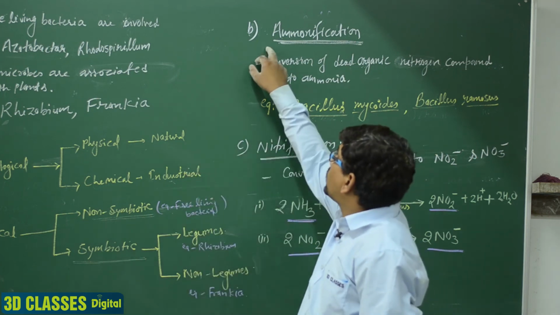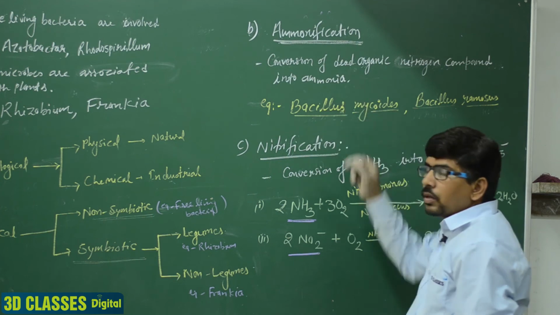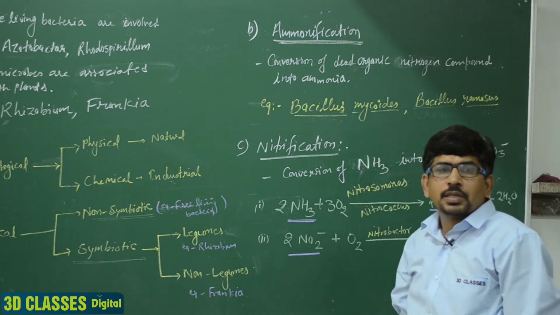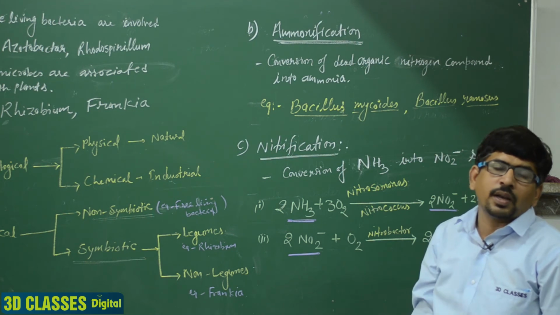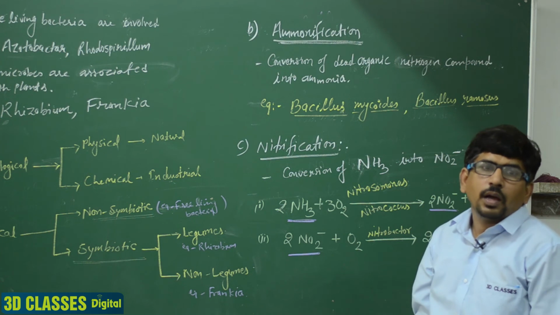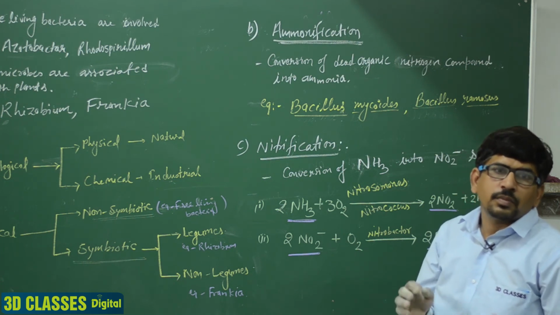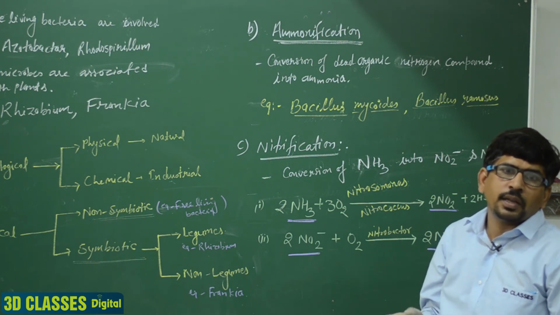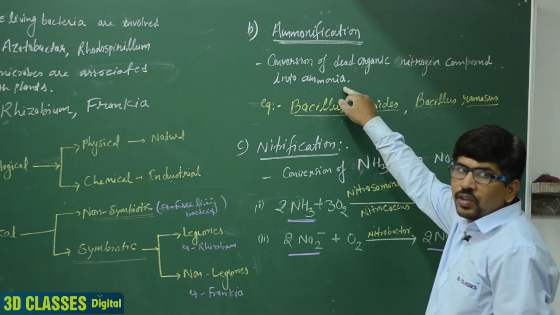So we can say ammonification is the conversion of dead organic nitrogen compounds into ammonia. Ammonification means the amino acids are broken down and release ammonia. Clear? Nitrogen compound means amino acids. After the death of any organism, they are decomposed and release ammonia into the atmosphere. That is known as ammonification.